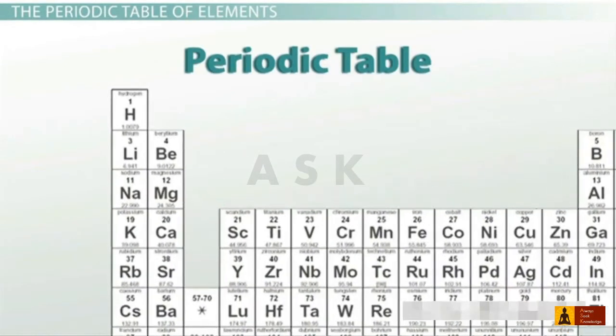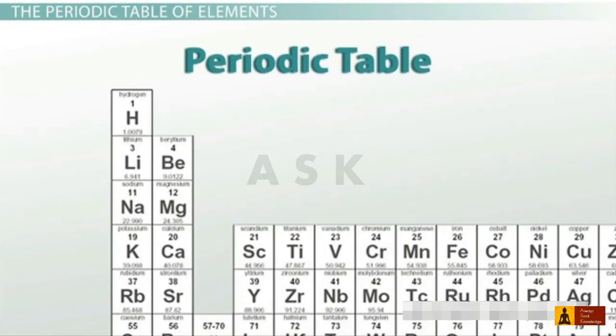So you can see here in the periodic table that the elements are listed, the full name, the abbreviation, as well as the atomic number. It also has a listing for the atomic mass.